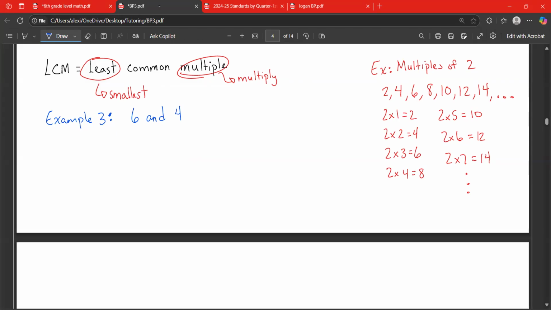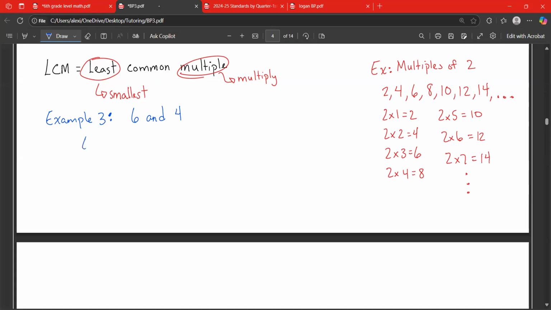I wonder if you already know it. Do you? If you said 24, you're wrong. 24 is a multiple of 6 and 4, but it's not the smallest. Are you thinking about it? Well, let's see if we can do it together, okay?